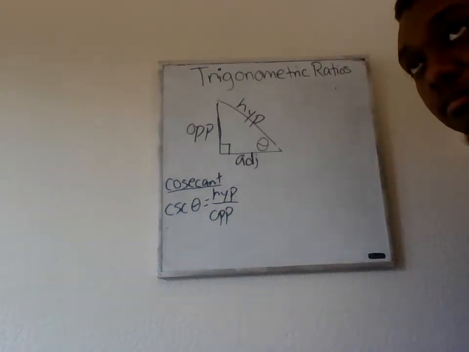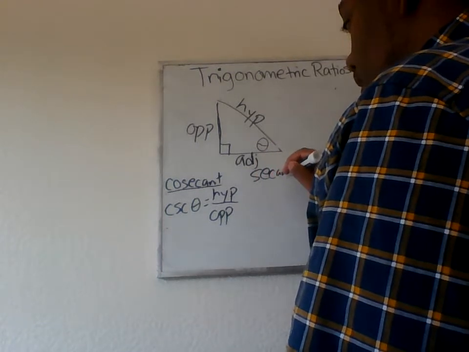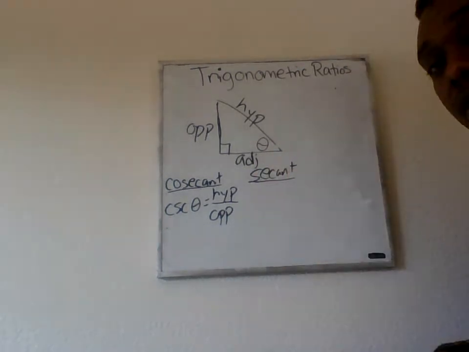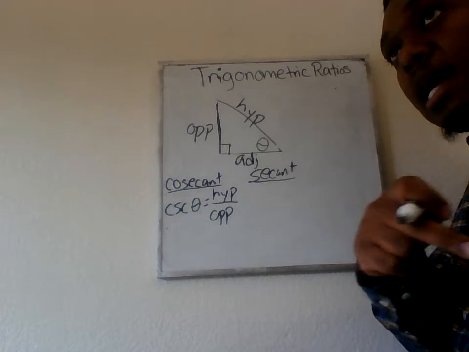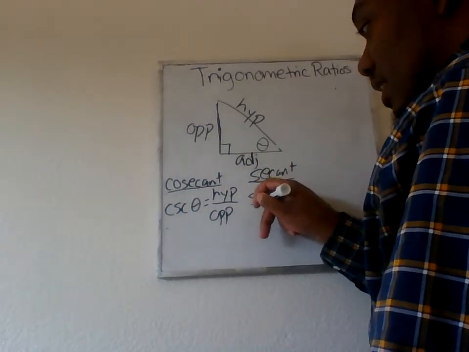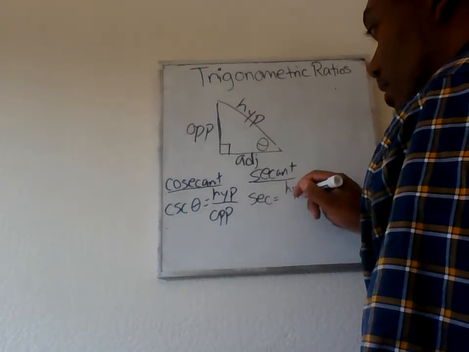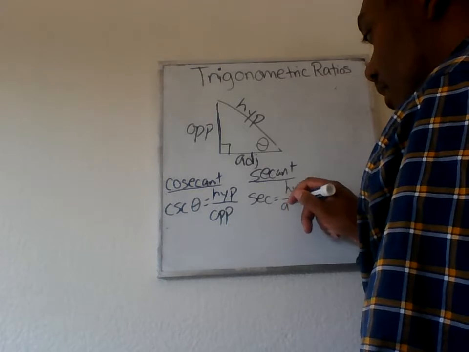All right, so the second one is secant, which is a special type of line in regards to a circle. It's a line that goes through a circle. So anyway, secant is abbreviated SEC, and is going to be your hypotenuse divided by your adjacent side.